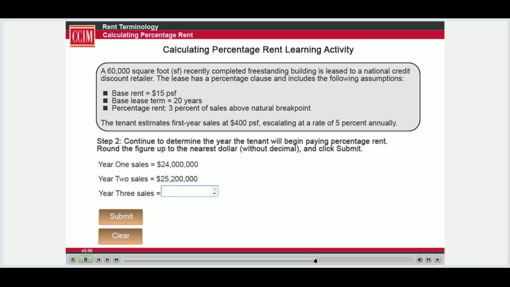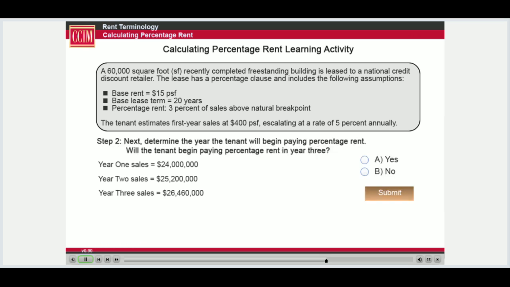Continue to determine the year the tenant will begin paying percentage rent. Round the figure up to the nearest dollar without decimal and click Submit. Will the tenant begin paying percentage rent in year 3?